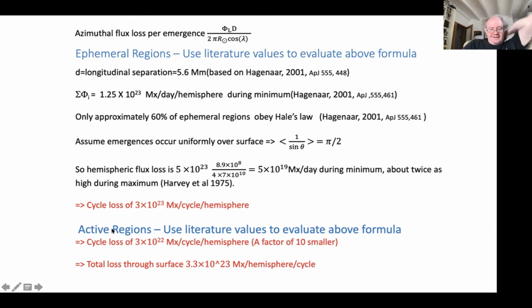You can also calculate the loss from active regions, the big regions which are 60-odd megameters, 100 megameters in the original movie I was shown. If you do this, you find the loss due to the active regions is smaller by about a factor of 10. But the total loss is then about 3.3 times 10^23 Maxwells per hemisphere per cycle.